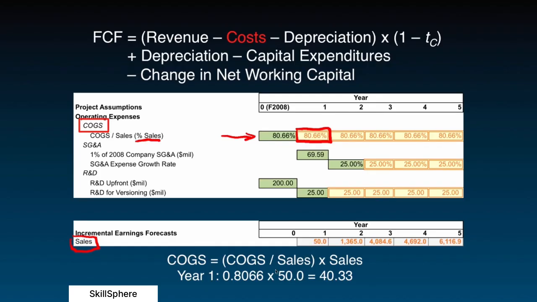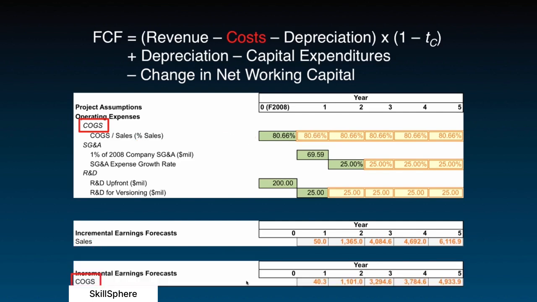So we take our $50 million revenue forecast, multiply it times that 80.66%, and out pops a projection of cost of goods sold in the first year of $40.33 million. If we repeat that process through years 2 through 5, we're going to get a full-blown COGS forecast over the entire projection period.